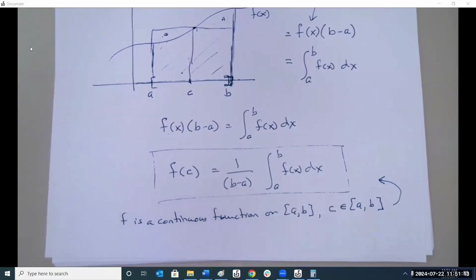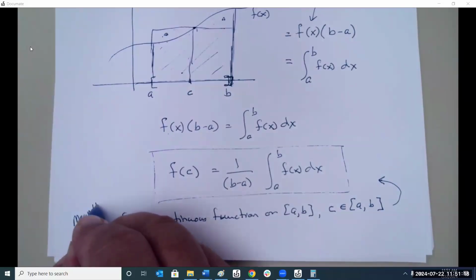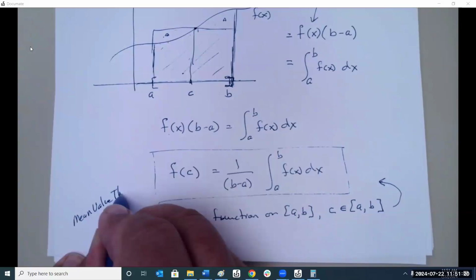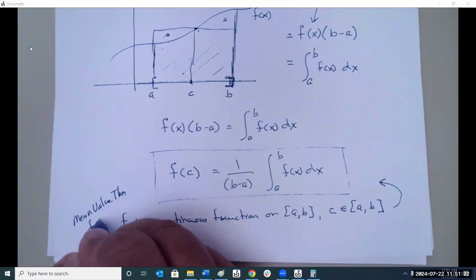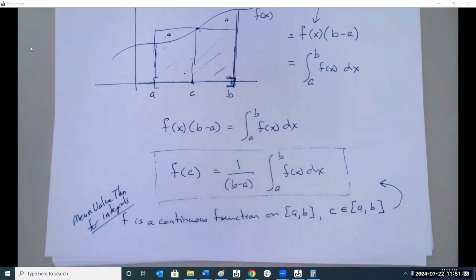That's the mean value theorem for integrals. F is a continuous function on closed interval a, b, and there exists some value C inside a and b where this is true.